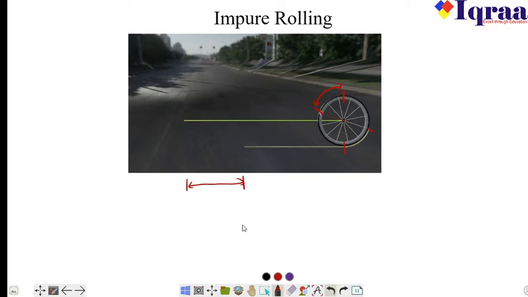So what we see here is the time t in which the wheel moves forward the distance of 2 pi r is equal to v center of mass into t, and the angle theta with which the wheel rotates in this time is omega into t.